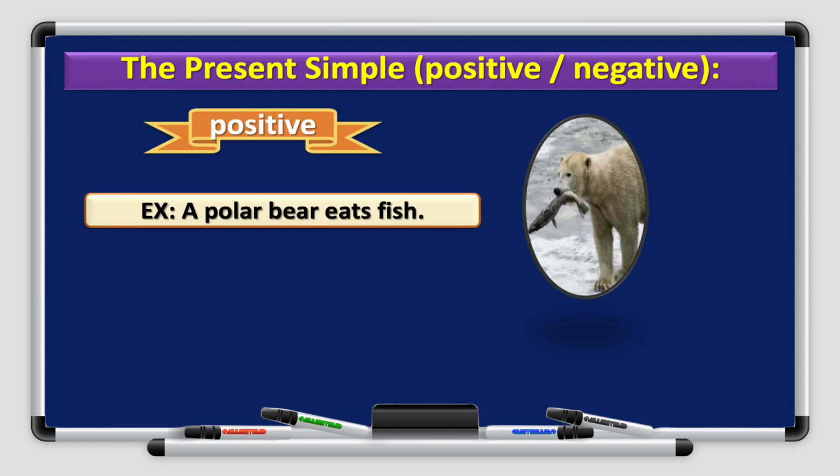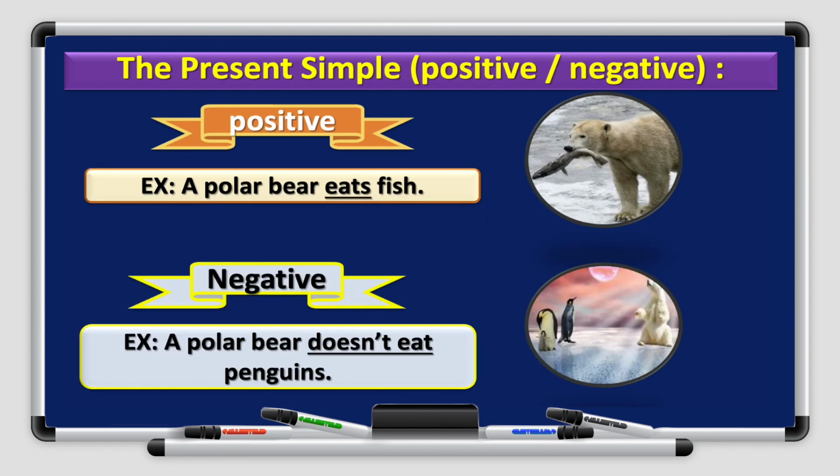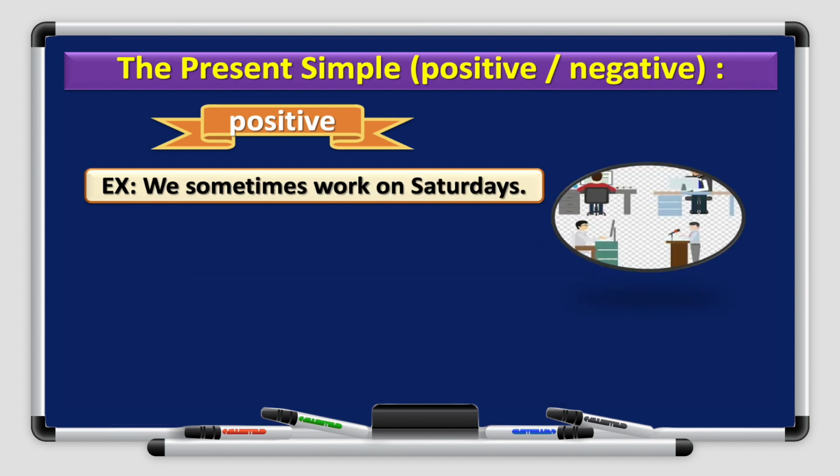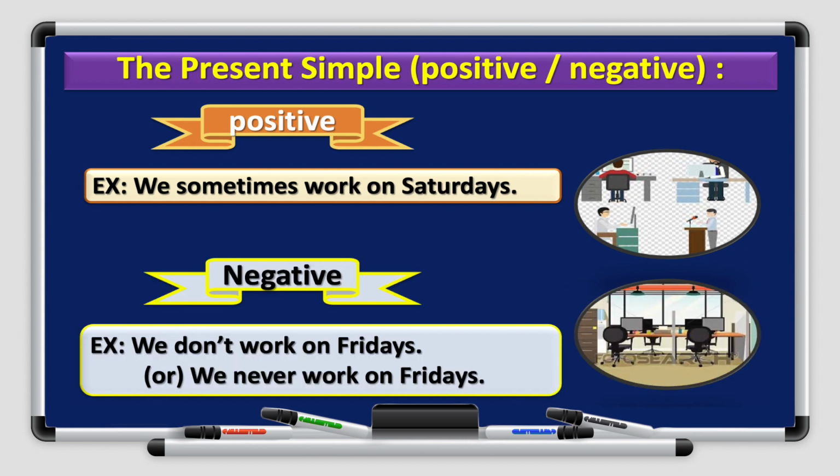A polar bear eats fish. So as you can see, we added the S to the base form of the verb. A negative sentence would be, a polar bear doesn't eat penguins. Let's take another example. We sometimes work on Saturdays. A negative sentence would be, we don't work on Fridays, or we never work on Fridays. As you can see, we have a keyword here, the word never.